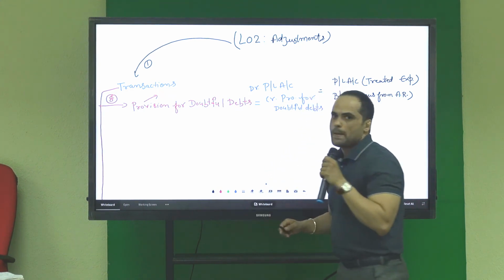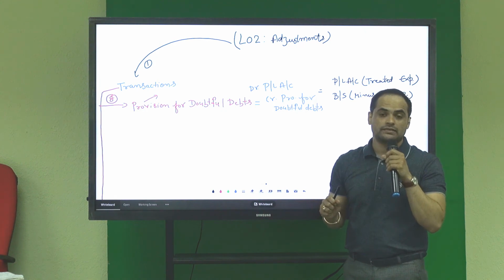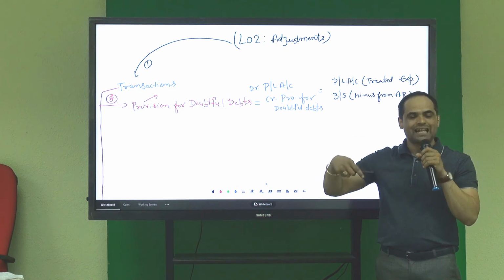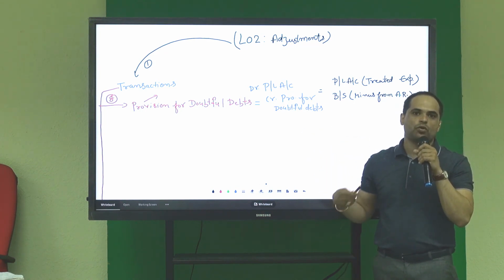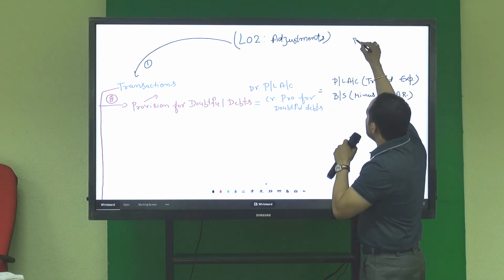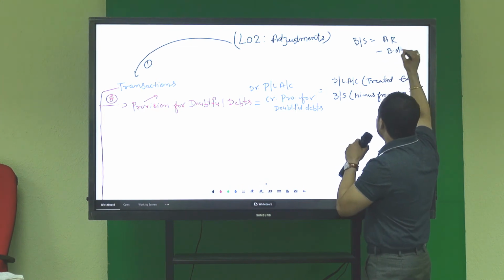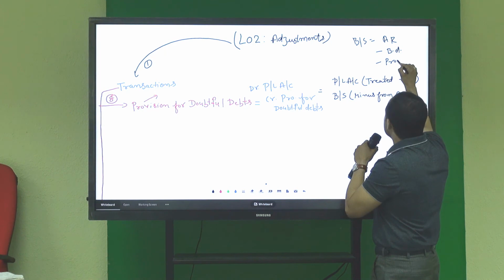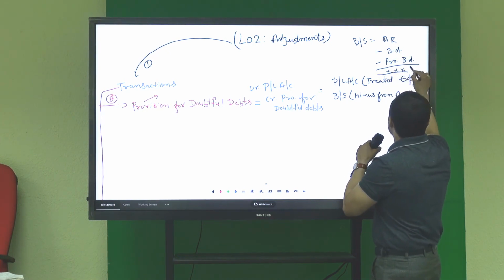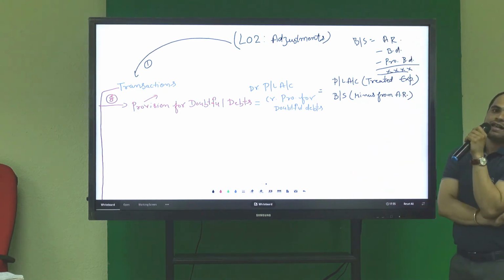Keep in mind, if we have bad debts and also a provision for bad debts, we subtract bad debts first and then we subtract the provision for doubtful debts. So in our balance sheet, from accounts receivable we subtract bad debts first and then the provision for doubtful debts, and that's the final number we record as accounts receivable in our current assets.